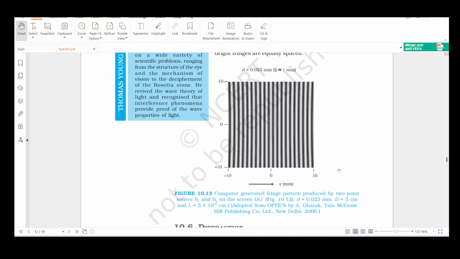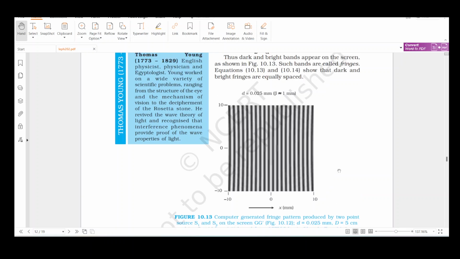So this is a band of light and darkness. There is a bright band and a dark band. And how do we obtain this interference pattern, which you see on the screen, is as follows.